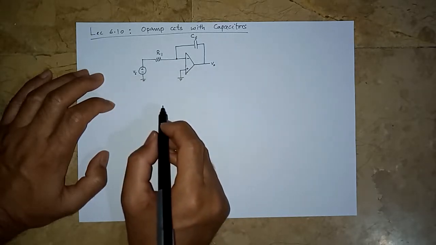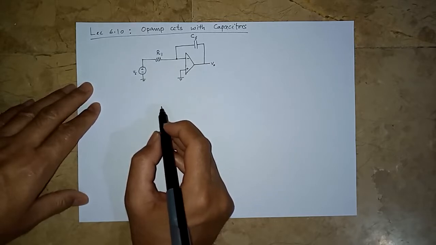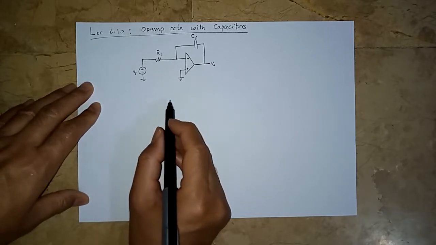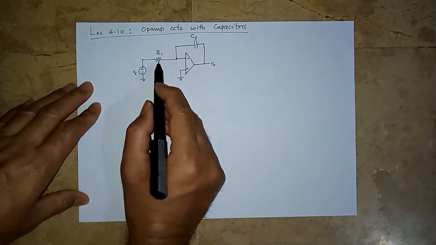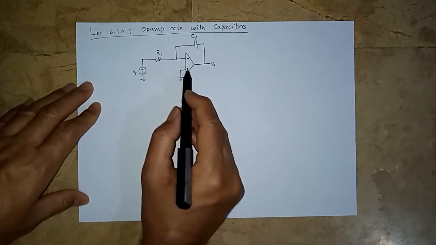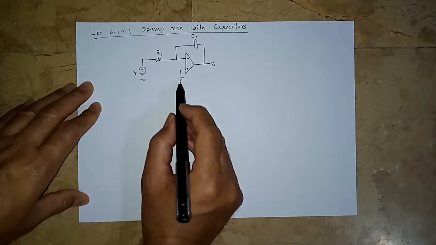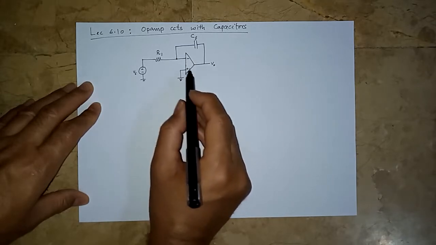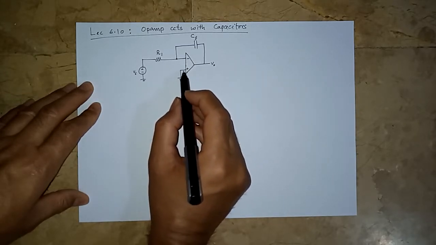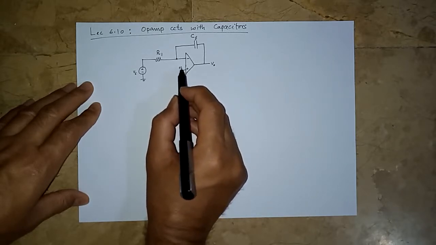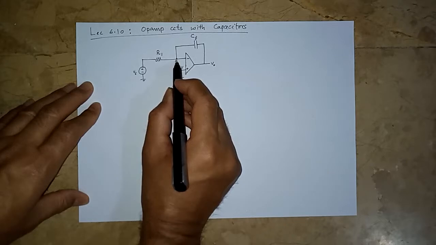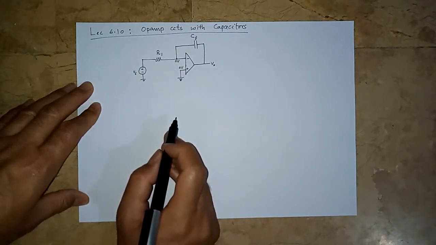Now our interest is to find VO in terms of Vs, the output in terms of the input. So can you see that this is a two terminal element, this is a two terminal element, and we already know how to handle op-amp circuits. So let us employ all those techniques. So we know this is directly grounded, this has 0 volts here, and this node is also at 0 volt.